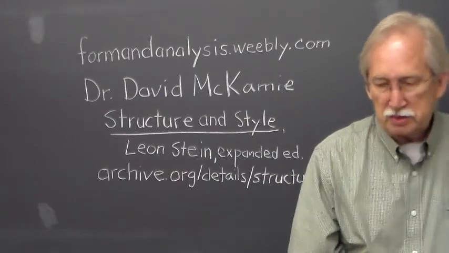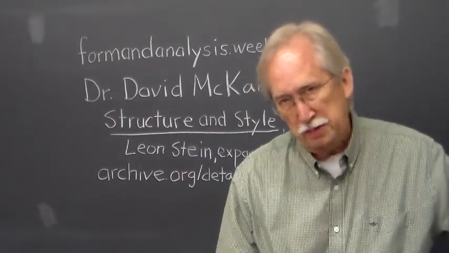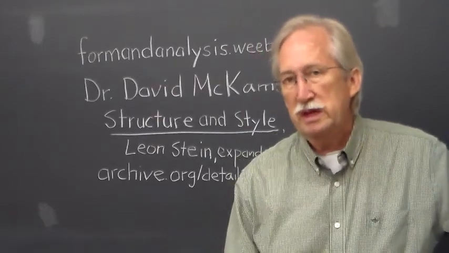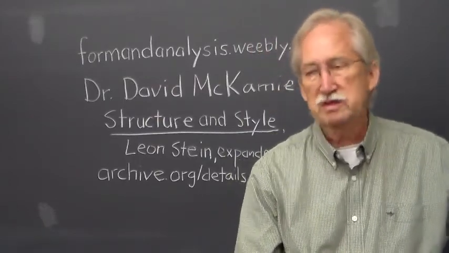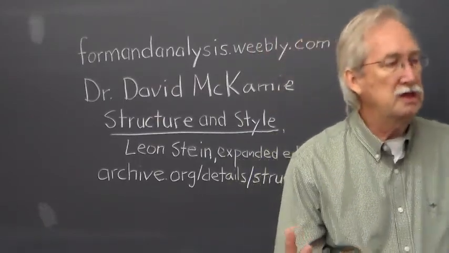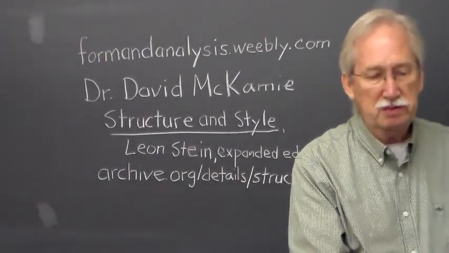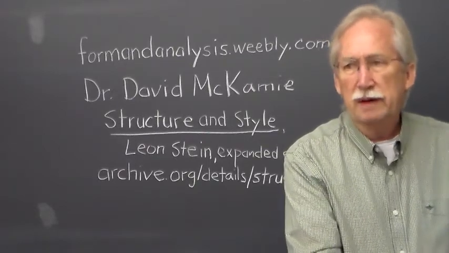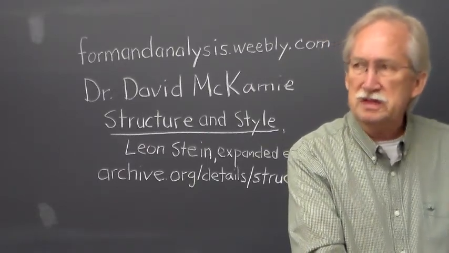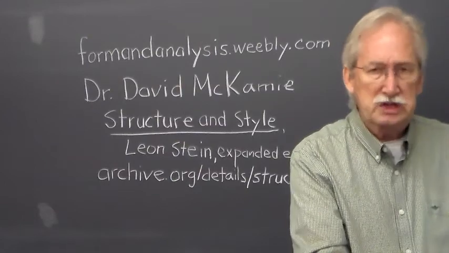You will learn to recognize things that are typical and expected in the way a composer structures the work, and then things that would be considered unusual and unique to that particular work, which is a basic element of musical style.